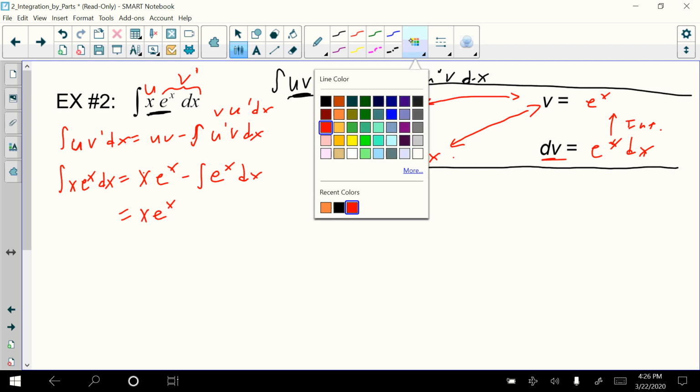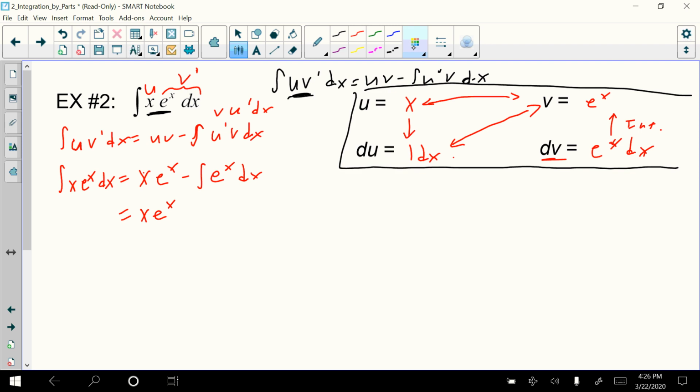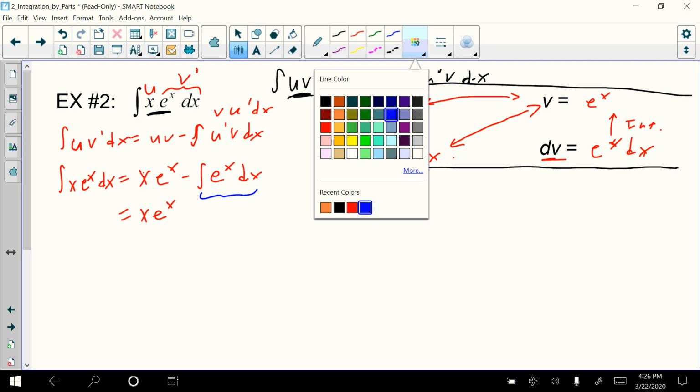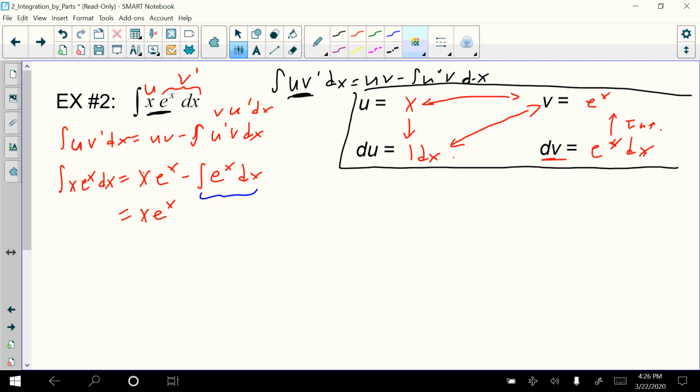But this bit here, we can actually integrate this. And that's what we're going to do. We're going to go ahead and integrate the expression e to the x dx. So the antiderivative of e to the x dx will give me minus e to the x.